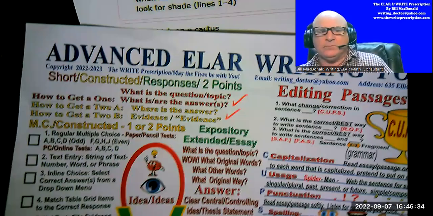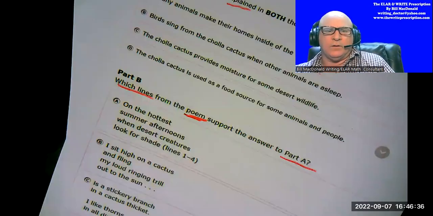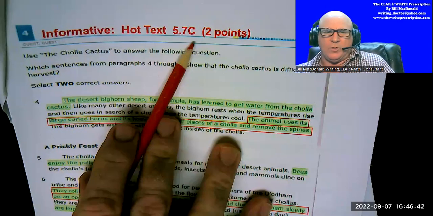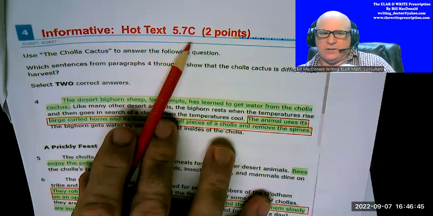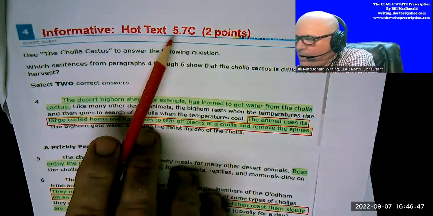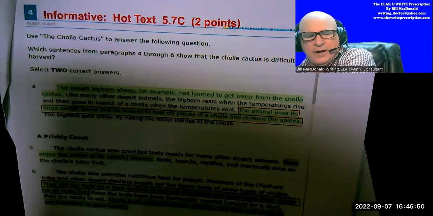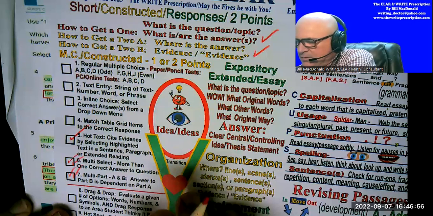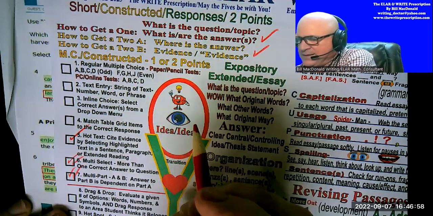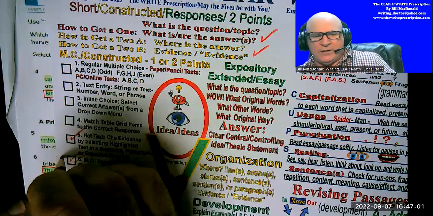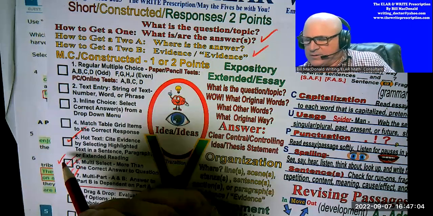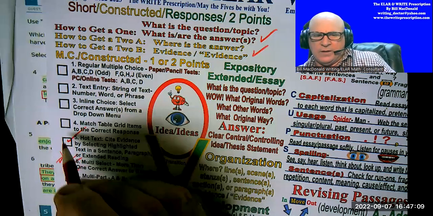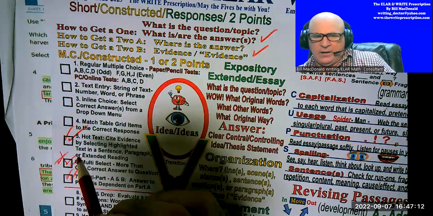Number 4, hot text, and I'm going to put hot text for one check. And I'm also going to come over here and put a check mark on multi-select because they have to select two hot texts, or I can cross this off and say I have to select two texts that are highlighted for you.